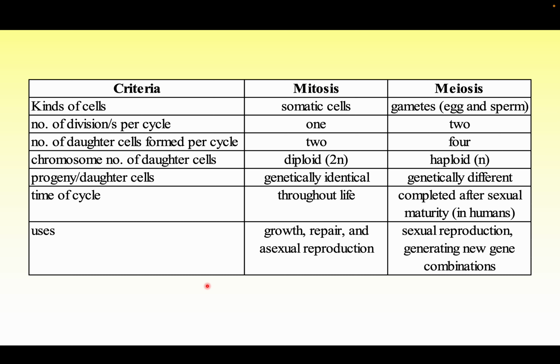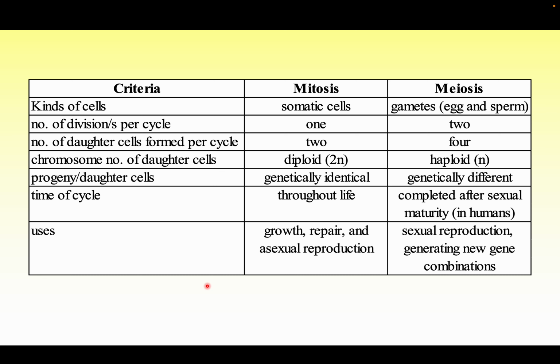In terms of the time of cycle, mitosis, which happens in somatic cells, continues happening throughout the lifespan of the animal, while meiosis is usually completed after sexual maturity, especially in females.